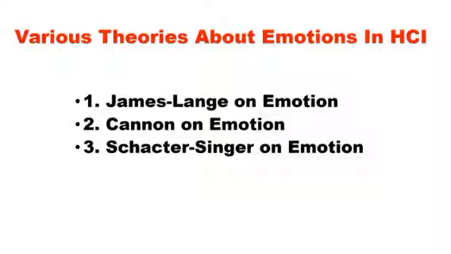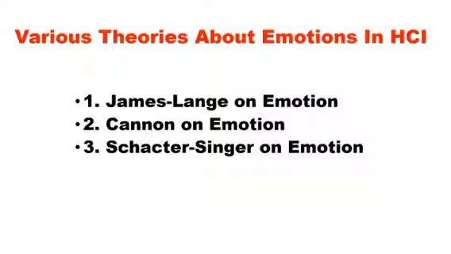The first one, James Lange on emotion. They said emotion is our interpretation of a physiological response to a stimulus. Then Cannon on emotion. So Cannon said emotion is a physiological response to a stimulus.